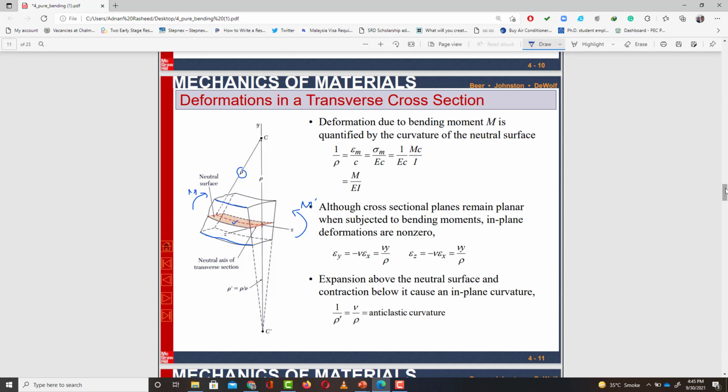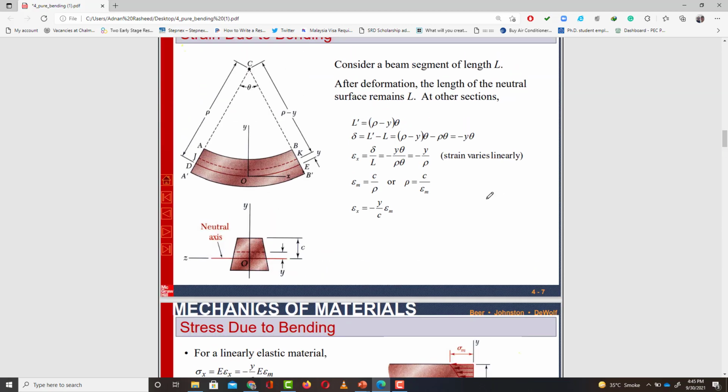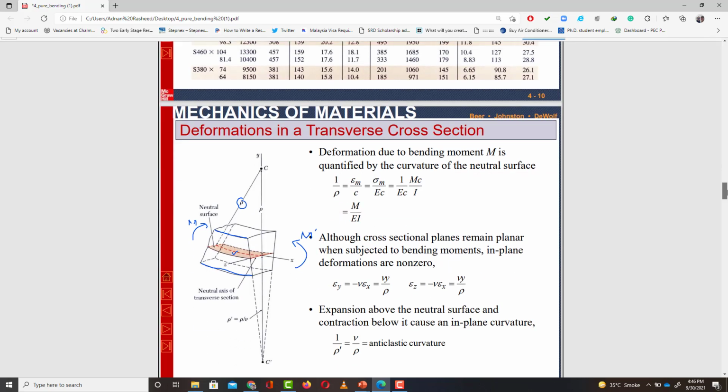I will show you here. We obtained the radius of curvature equation, and we obtained the strain in the x direction, which is epsilon x equal to minus y over c into epsilon m. Epsilon m is the maximum strain. Clear? We will use this equation again. I will write it down again.